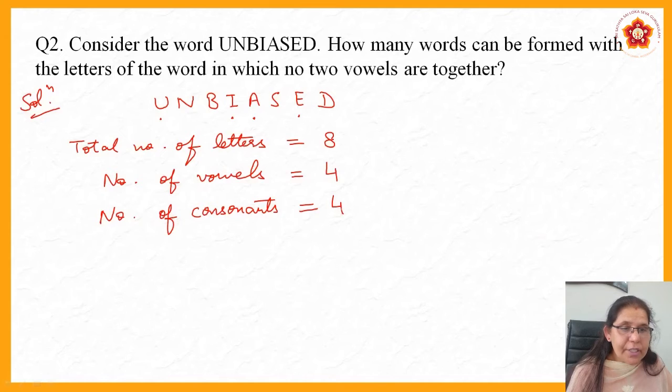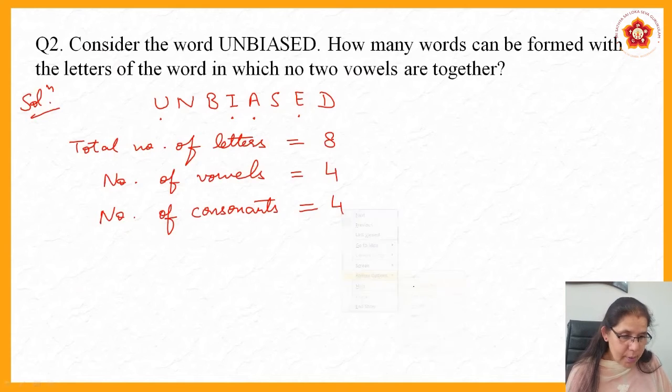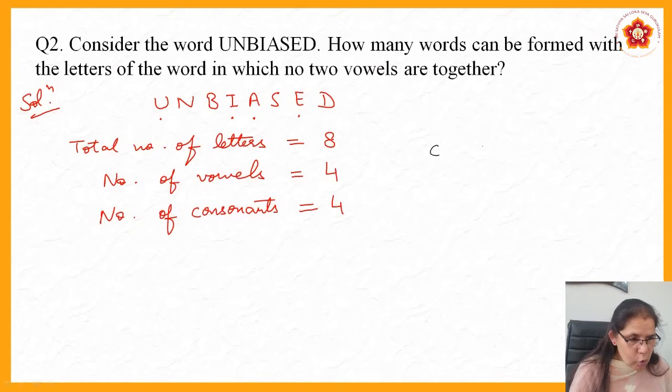So the condition that is given is that no 2 vowels are together. So if vowels are not together, let's see how we can arrange them. Let me make it here. We have 4 consonants. Let's place 4 consonants like this.